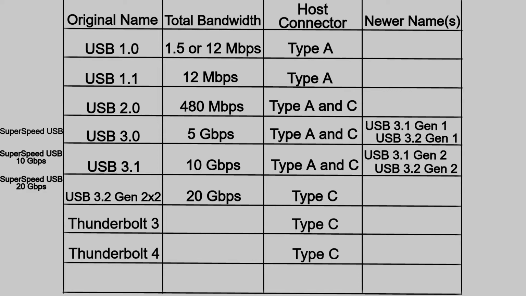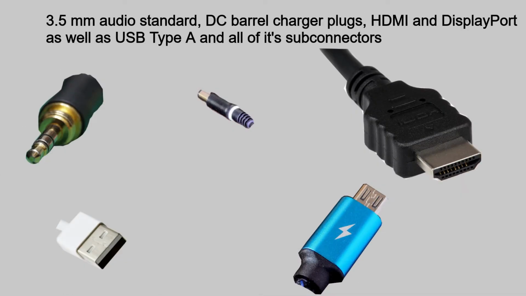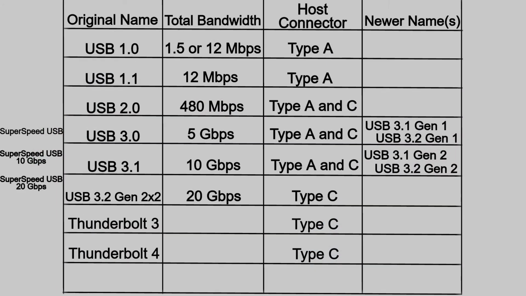So Thunderbolt 3 and 4, like USB 3.1 Type-C, can replace a lot of the aforementioned connectors, but they also boast speeds of up to 40 gigabits per second, which is 5 gigabytes per second, which is insanely fast. However, Thunderbolt 4 requires a PCIe bandwidth of 32 gigabits per second as opposed to 16 gigabits per second on Thunderbolt 3.